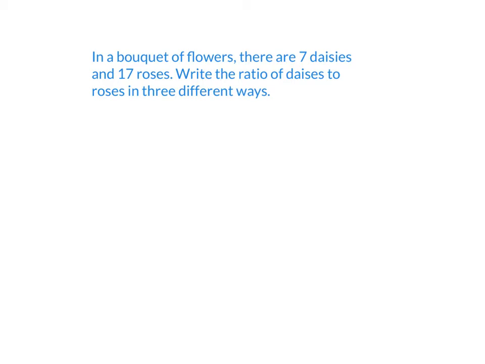So my first quantity they want me to do is daisies, and the second one is roses. So if I'm going to set up my ratio, I have 2 quantities. I'm going to have daisies here, and then roses.